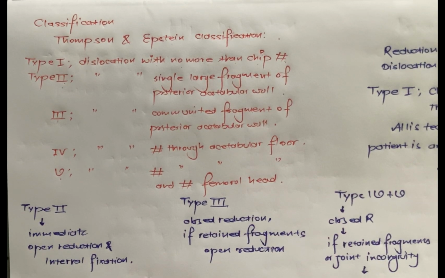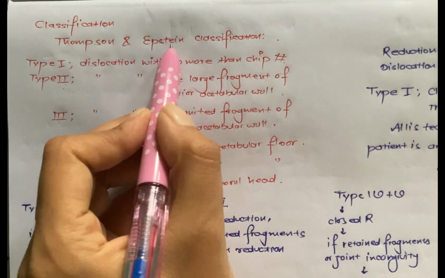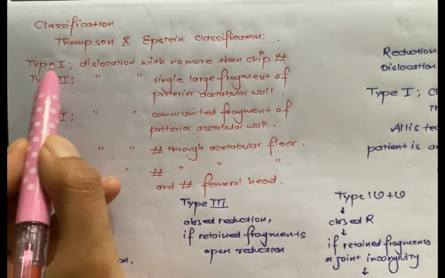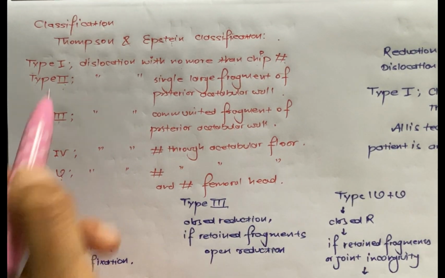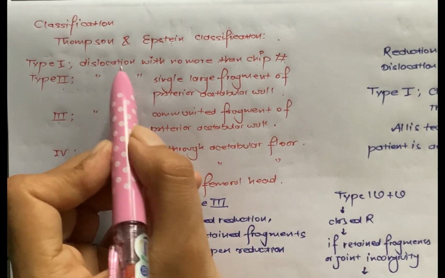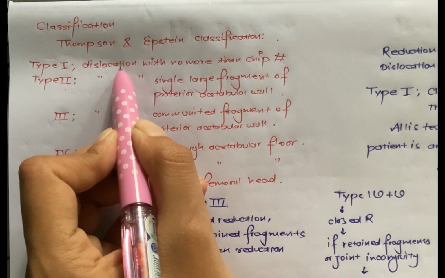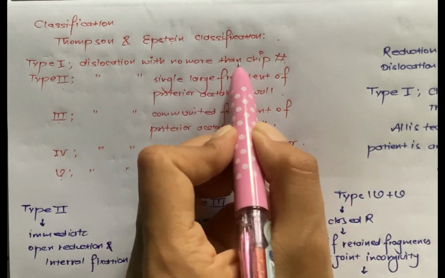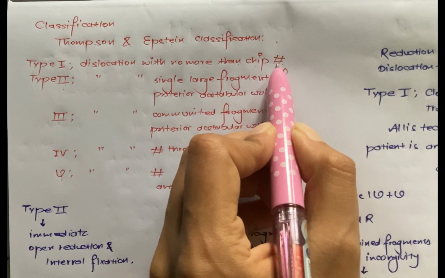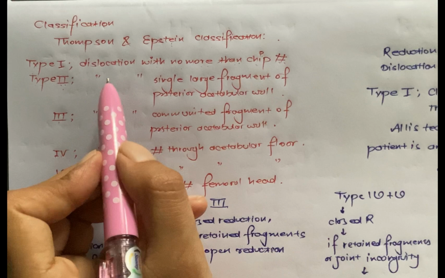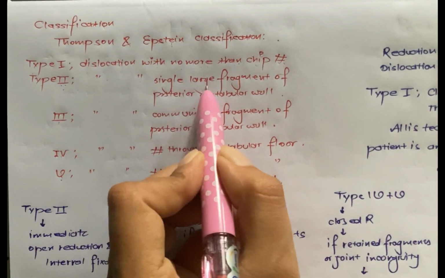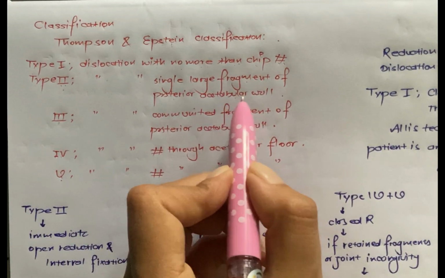And now talking about the classification, there is the Thompson and Epstein classification. There are type 1, type 2, type 3, type 4 and type 5. In type 1, there is dislocation of the head of the femur with no more than a chip fracture of the posterior acetabular wall. In type 2, there is dislocation with a single large fragment of the posterior acetabular wall.